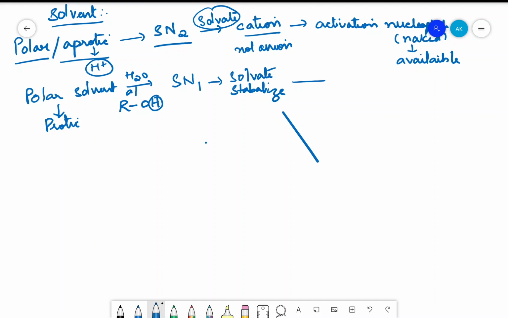They solvate and stabilize the carbocation formed. As we have already seen, carbocation is formed as an intermediate. So the formed carbocation is stabilized with the help of a protic solvent.